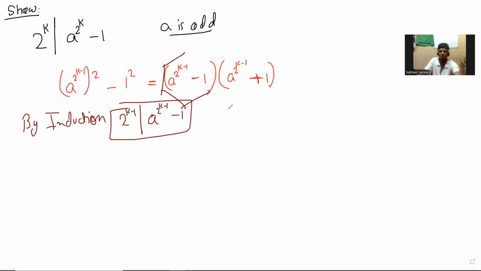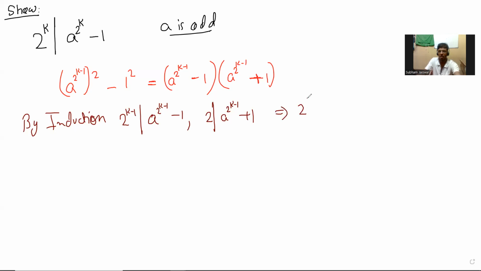So 2 divides this, so this implies that 2 to the k divides the product, which is what we need.